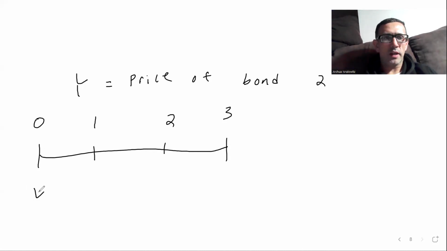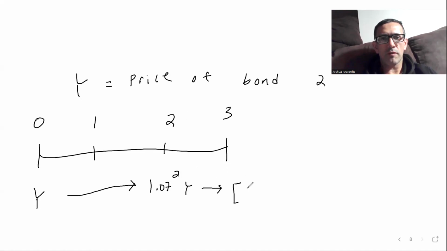Okay, so we have Y here. We have a per year yield rate of 7%, so this Y grows 7% per year. And from year 2 to 3 we have a 1-year spot rate of 6.5%.